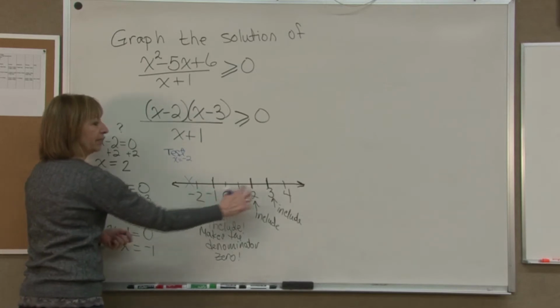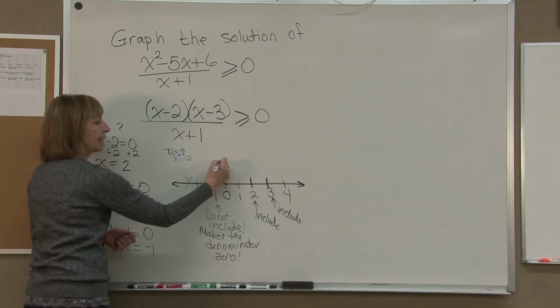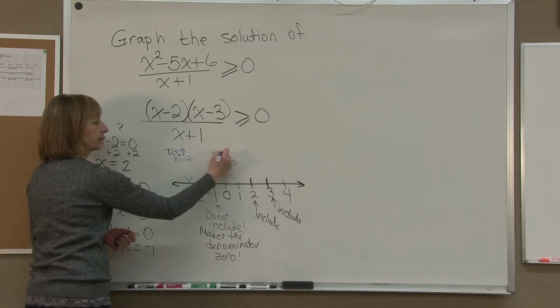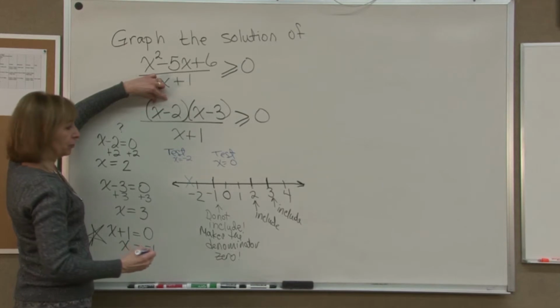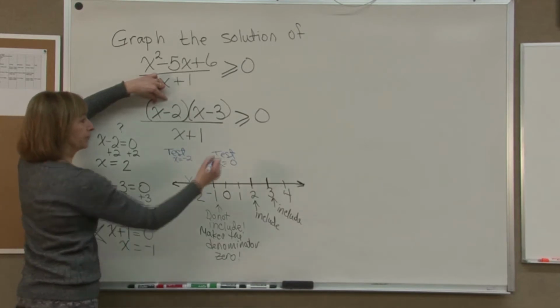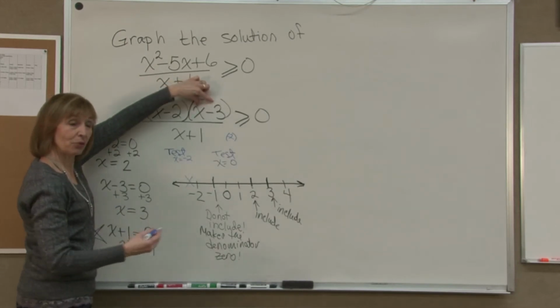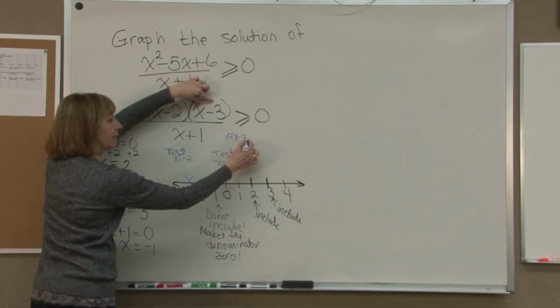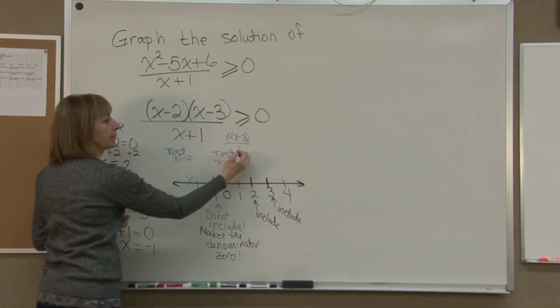Next, we're going to plug in a value of x between -1 and 2. So let's test x equals 0. Well, 0 minus 2 is -2. 0 minus 3 is -3. And 0 plus 1 is 1.